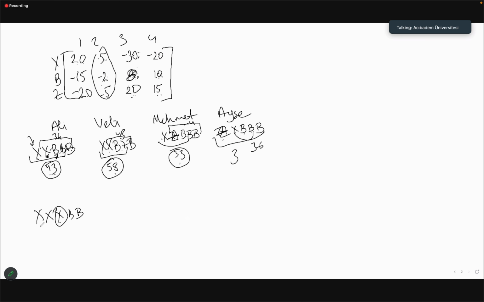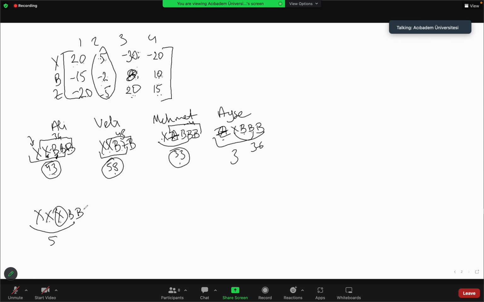So XXXB has a score of 5. So XXBB is still positive. So this mutation is not okay either. So it shouldn't be this position.